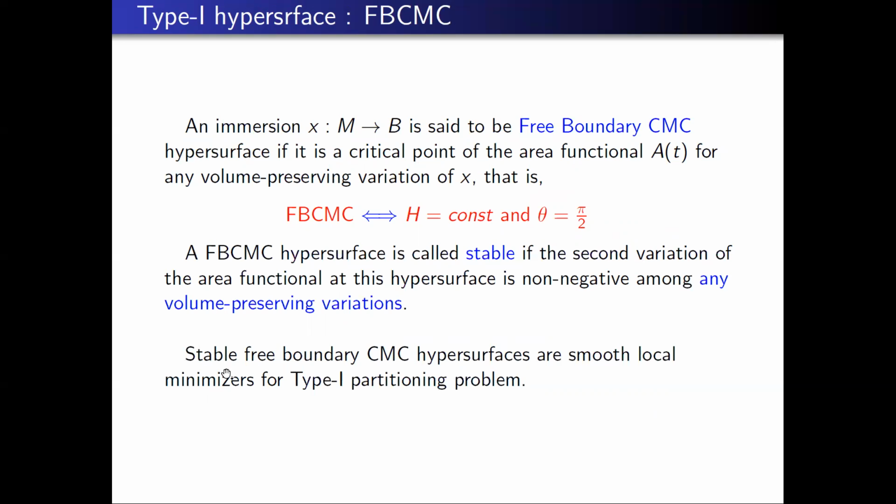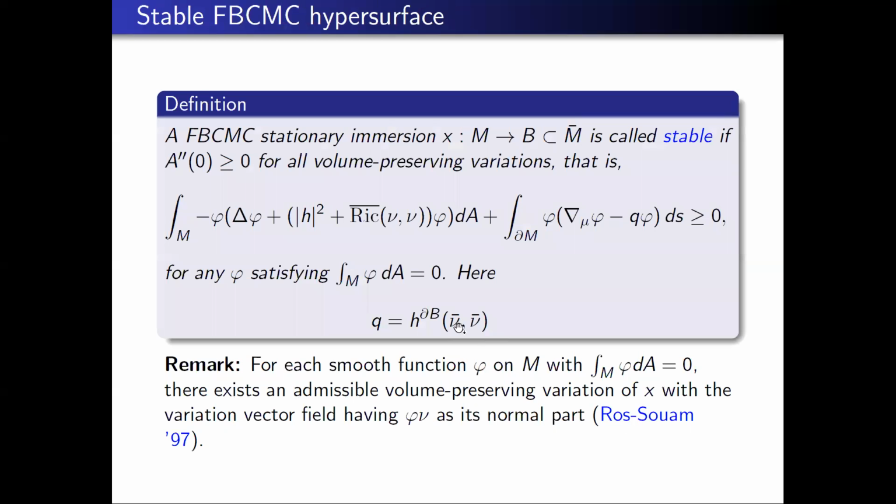It's well known that stable, locally minimizing free boundary CMC hypersurfaces are smooth local minimizers for the type 1 partition problem. And here is the precise definition of stable type 1 hypersurface.